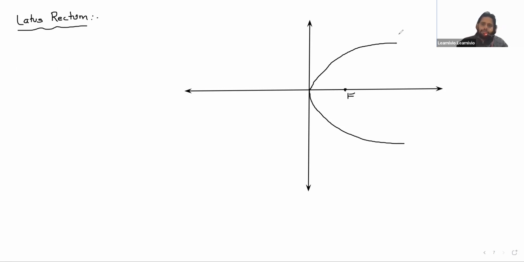This is the directrix. Now, if there is a line which passes through the focus perpendicular to the axis, this is the axis, and whose endpoints lie on the parabola, it is called the latus rectum. So this is the latus rectum.